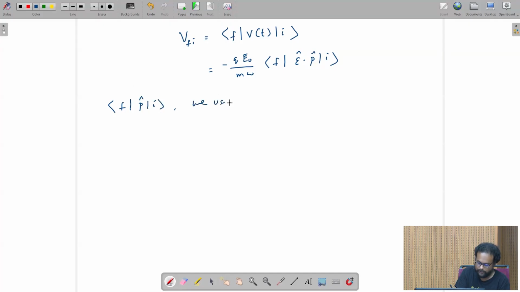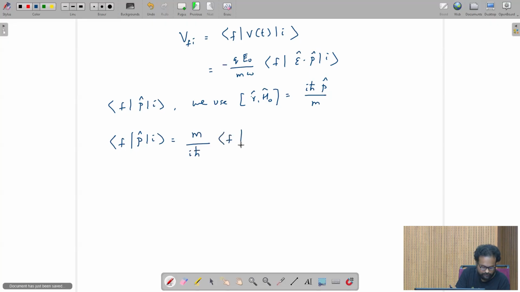We use the fact that the commutator bracket of r and H naught will be i h-bar p over m. As we know, accordingly, my <f|p|i> will be m over i h-bar <f|[r, H naught]|i>, that is <f|r H naught - H naught r|i>.